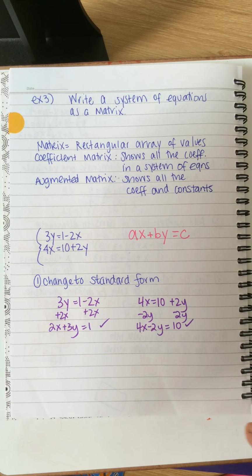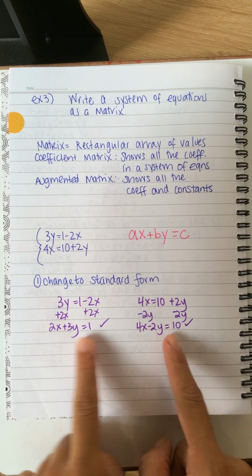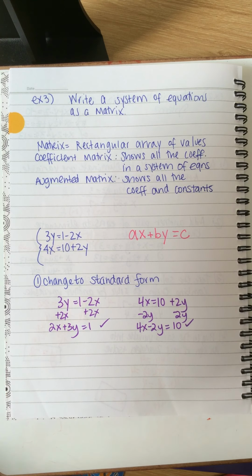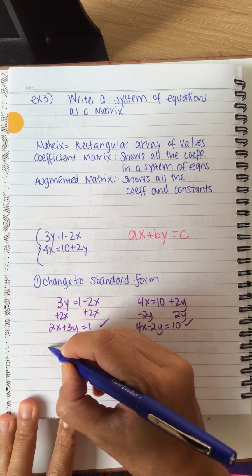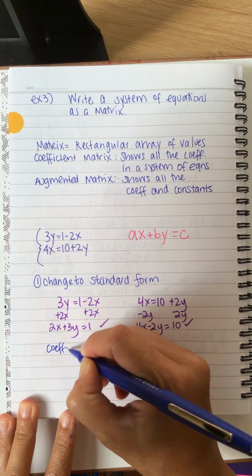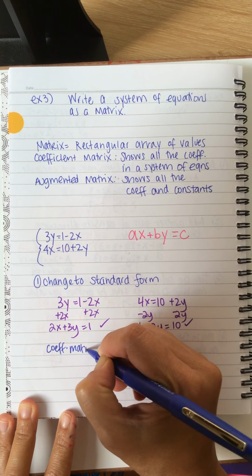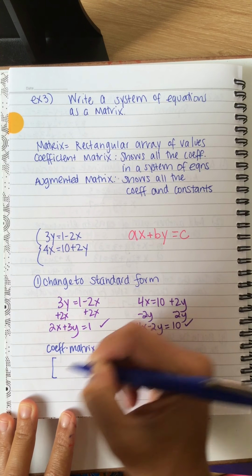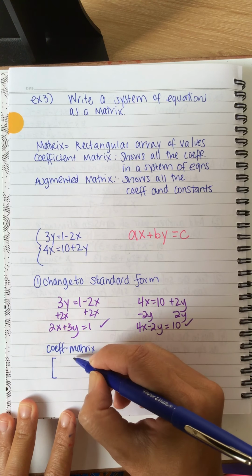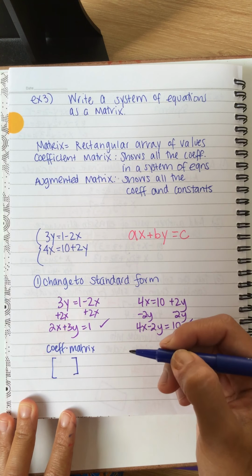So now let's make the coefficient matrix. So all that is we're gonna take these coefficients from these two equations and put them in a rectangle. So I'm gonna label this coefficient matrix so you guys can see. There's two coefficients in each one, so it's going to be a 2 by 2, right?